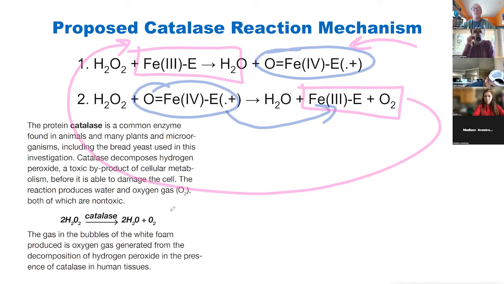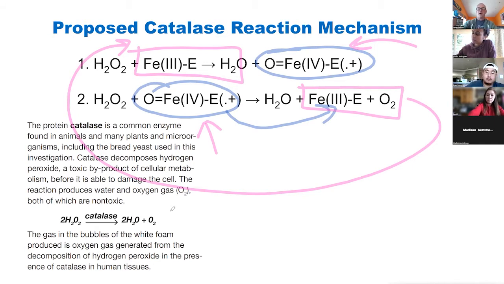But notice it forms a covalent bond and then it breaks that covalent bond. So it goes back to what it looks like at the beginning. And so for an enzyme to work, it has to go back to exactly what it looked like in the first place. So it forms a complex and then it releases it, forms it, releases it. So it needs to look at the end like it looked at the beginning.